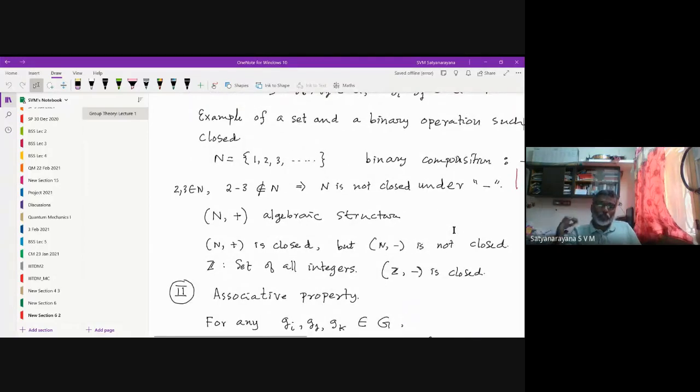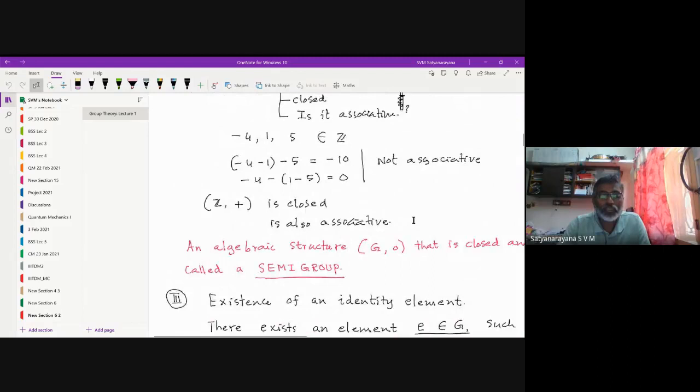I have given some examples; maybe for each case, you come up with your own examples. Try to find algebraic structures which are not closed, which are closed but not associative, which are closed and associative but identity is not there, or where inverse is not there. Please discuss among yourselves and try to come up with additional examples. So that is one exercise.